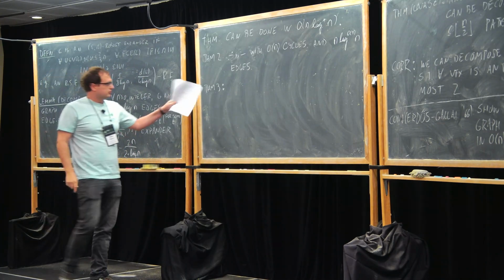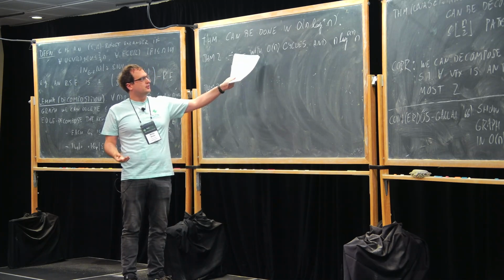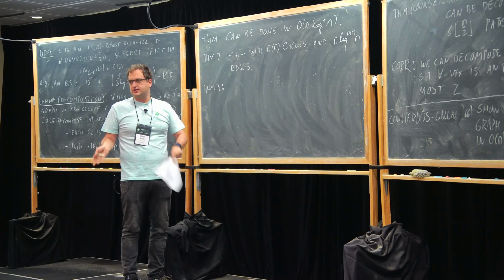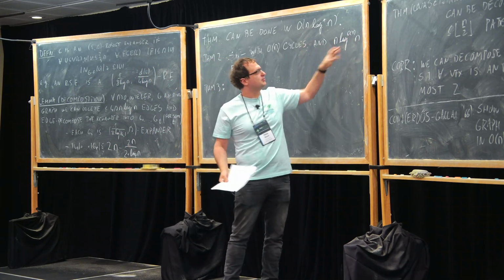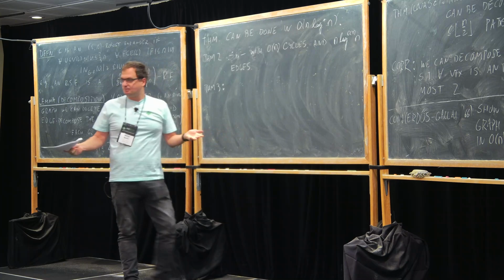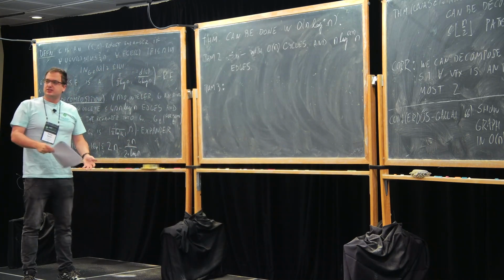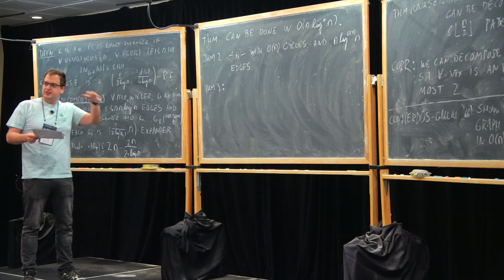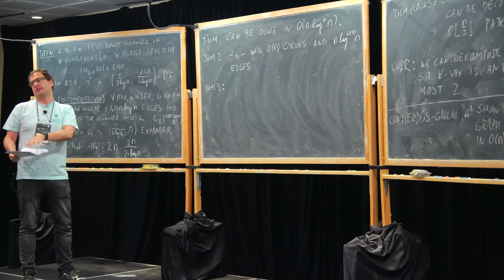But the basic idea is that you want to take your linearly many cycles, remove them, and notice that your remaining edges make a new graph which now has average degree polylog n. Okay? So we want to apply the same result again to this leftover graph, take out linearly many cycles, and now reduce the average degree to polylog log n.